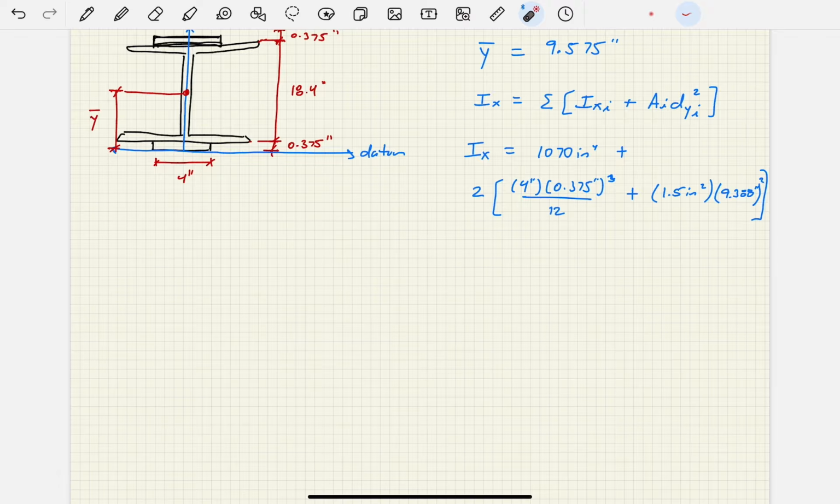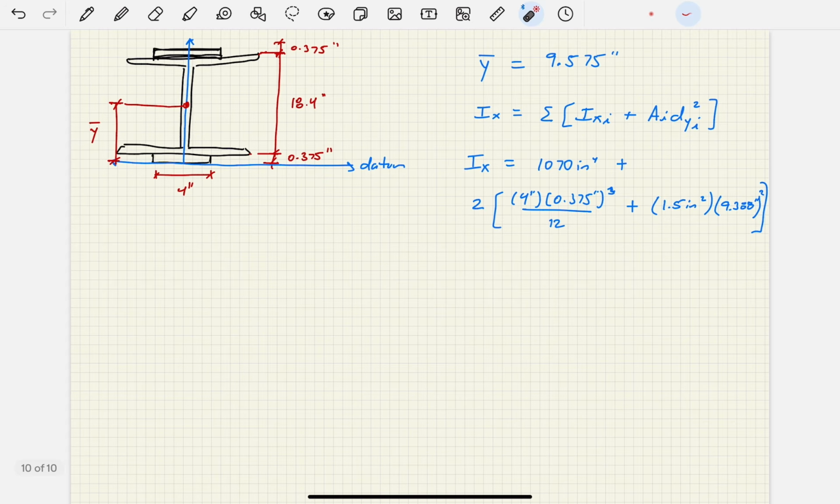Okay, well, remember what we do, and this goes back to statics, okay? That D sub Y value is the distance from the centroid of the part you're interested in to the centroid of the entire shape, okay? So one more time, D sub Y is the distance from the centroid of the part you're interested in to the centroid of the entire cross section.